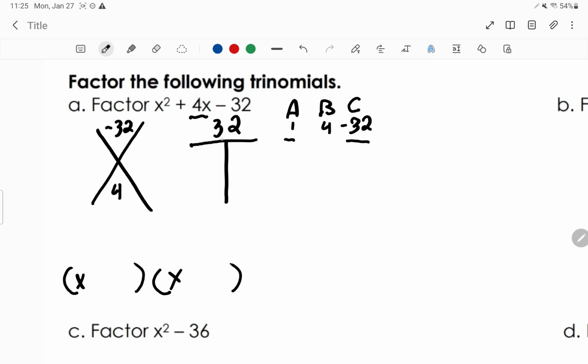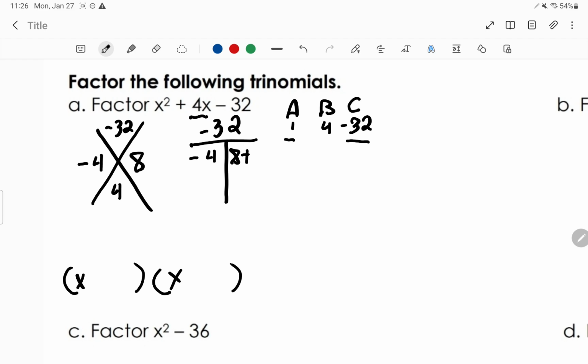So what can give me 32? So I'm pretty sure 4 and 8, just like we did before. Now this one has to be a positive 4. So that means that this one's gonna be a positive 8, and that one's gonna be a negative 4. Whenever I add them, it's gonna give me a positive 4. So I'm gonna put my answers here. Negative 4, 8.